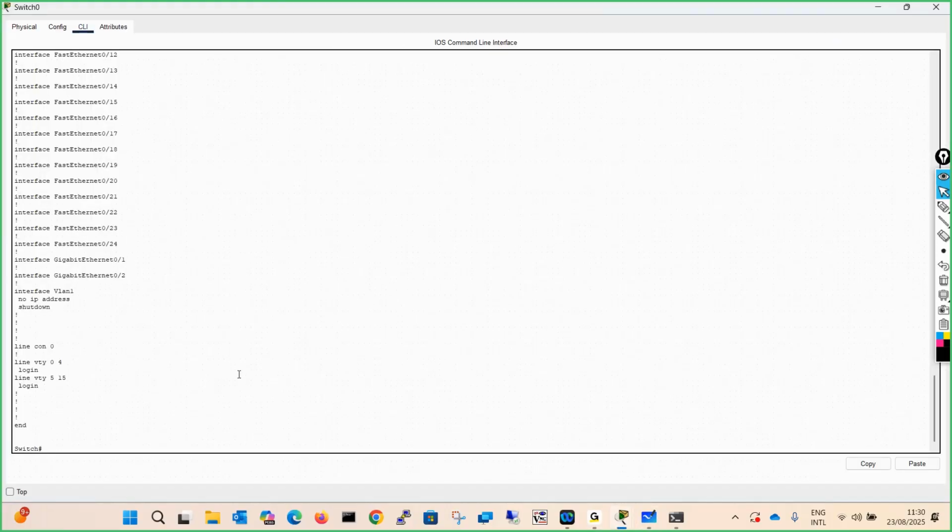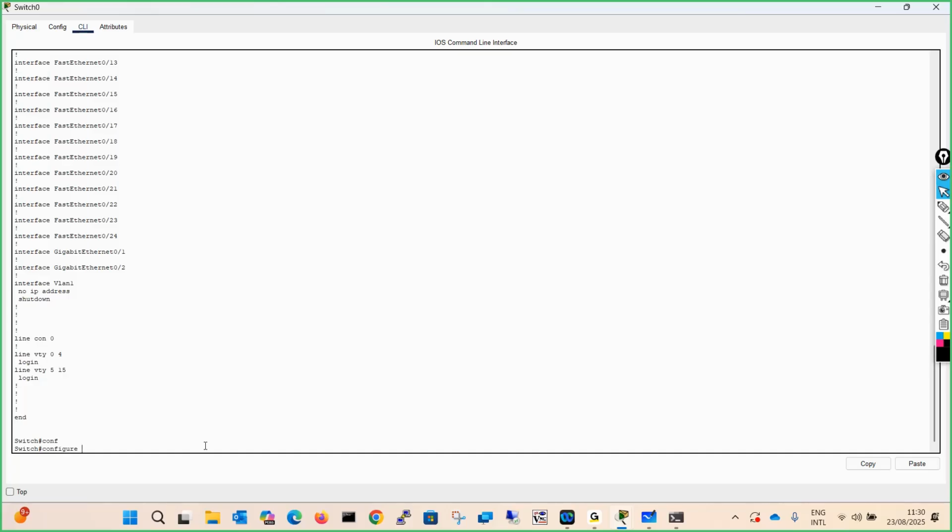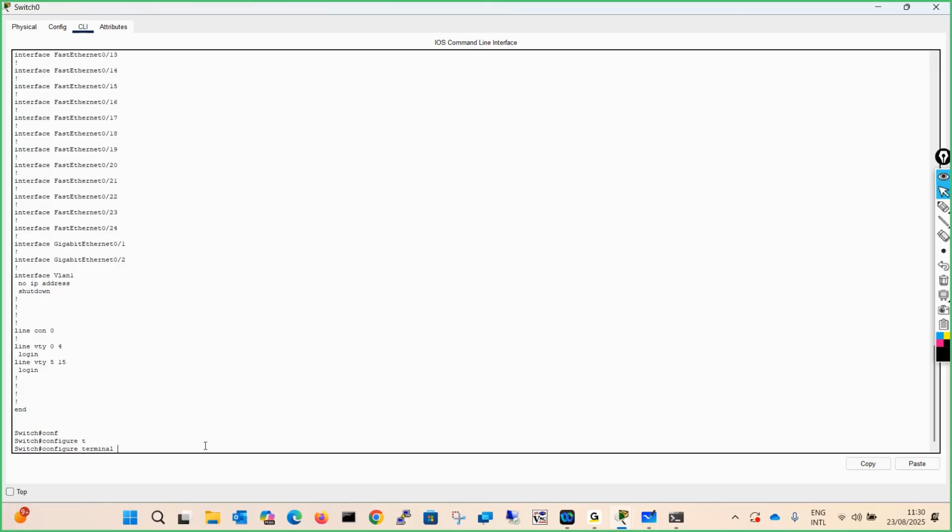Now the third mode is configuration mode, global configuration mode. As we type configure terminal, just type conf and press tab, configure terminal. As we type configure terminal, over here we will enter into global configuration mode.